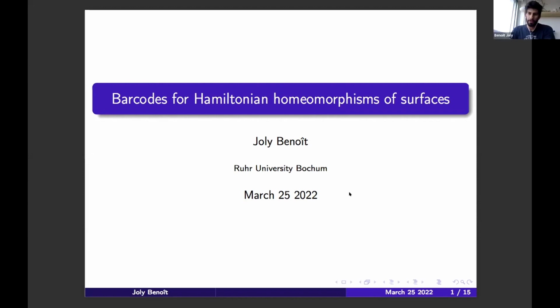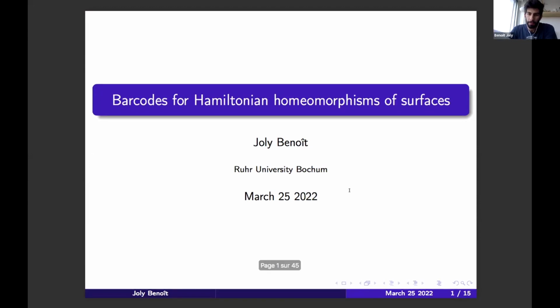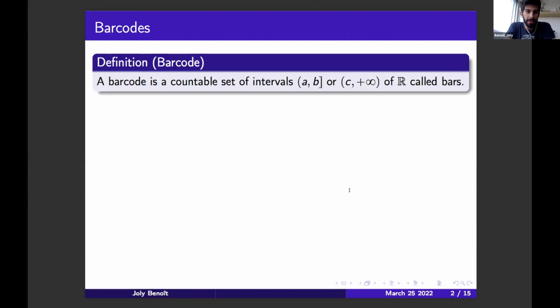So just to remind what the barcode is: basically a set of intervals, finite and semi-infinite intervals of R, which are called bars. And the main purpose is to represent persistence modules, which we can keep in mind as just a filtered homology, like Morse homology, Floer homology, etc.